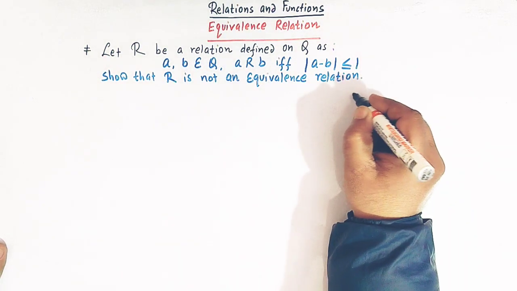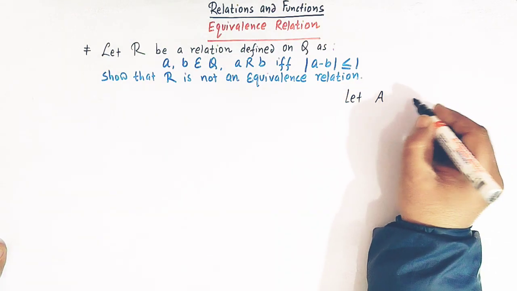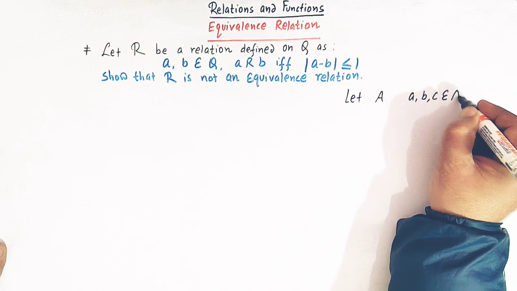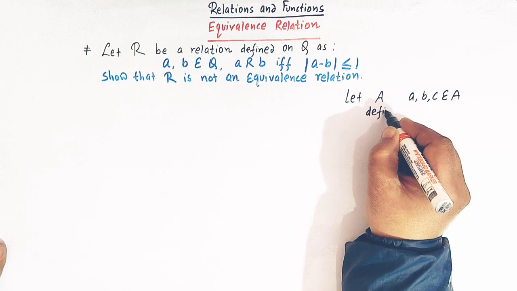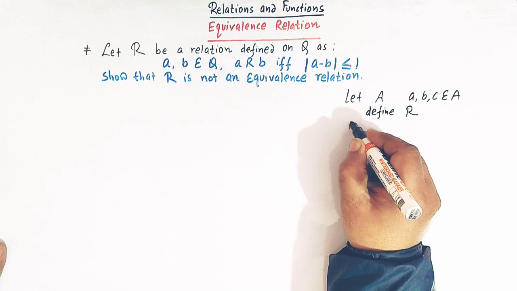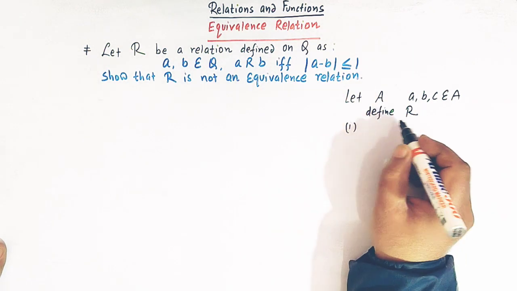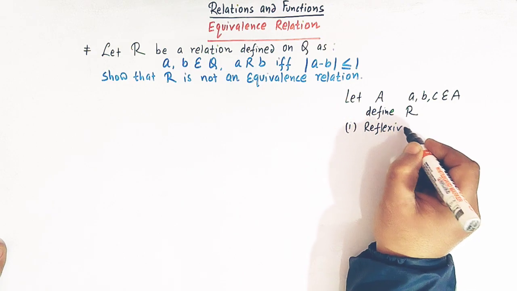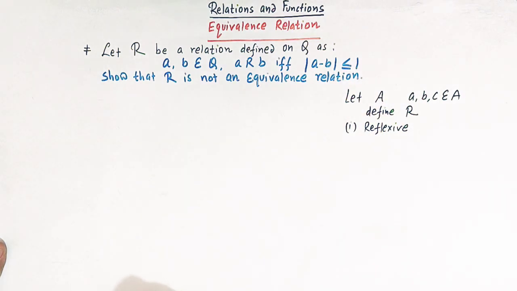Let us consider a set A and elements a, b, and c belonging to this set A. If we define a relation R on this set A, then R is a reflexive relation if each element of A is related to itself.